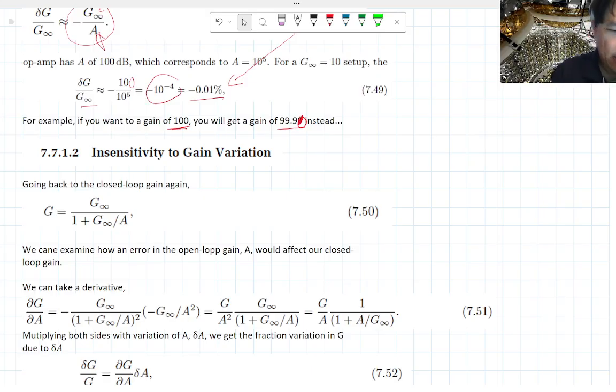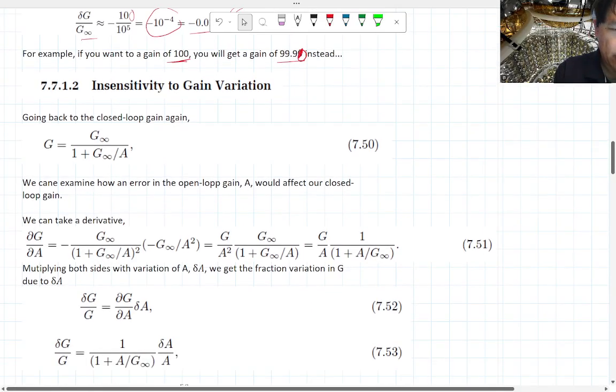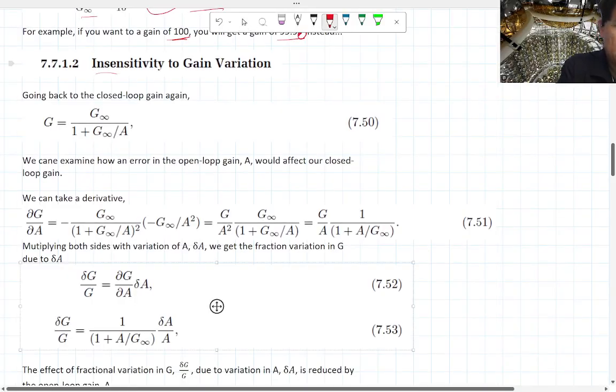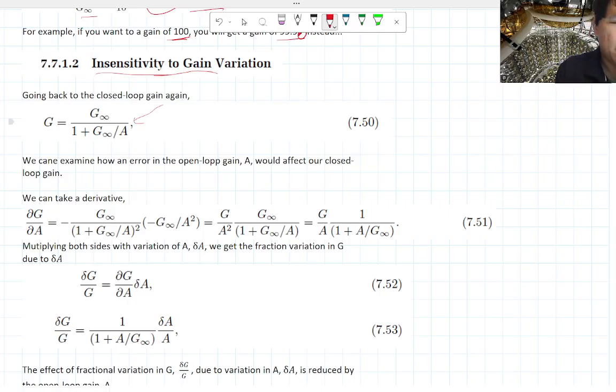Let's do a couple more calculations, which is kind of interesting. This is the insensitivity to gain variation. We keep going back to this closed loop gain equation: the gain that you actually get is the idealized gain divided by 1 plus the idealized gain divided by the open loop gain.